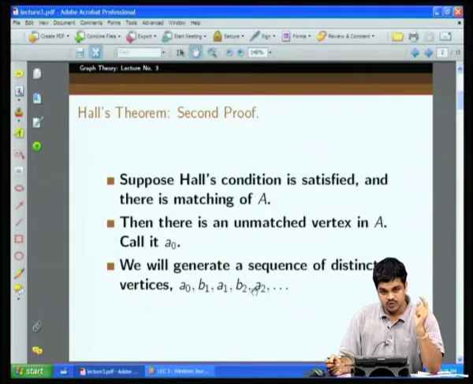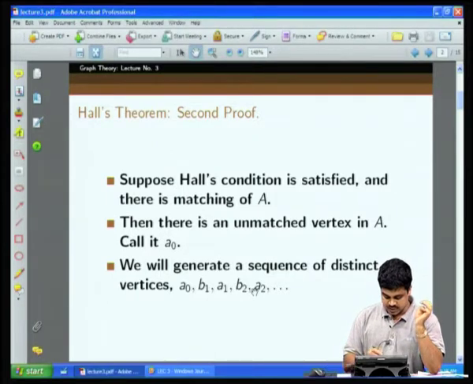That means, we will not repeat the vertices in this sequence, and show that we can get a never ending sequence, which is definitely not possible, because there are only a finite number of vertices in our graph. Therefore, that will lead to a contradiction. So, how we are going to do this, I will explain.